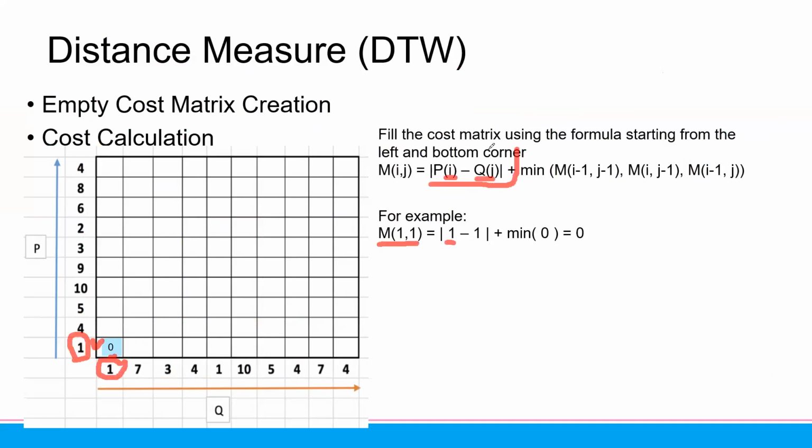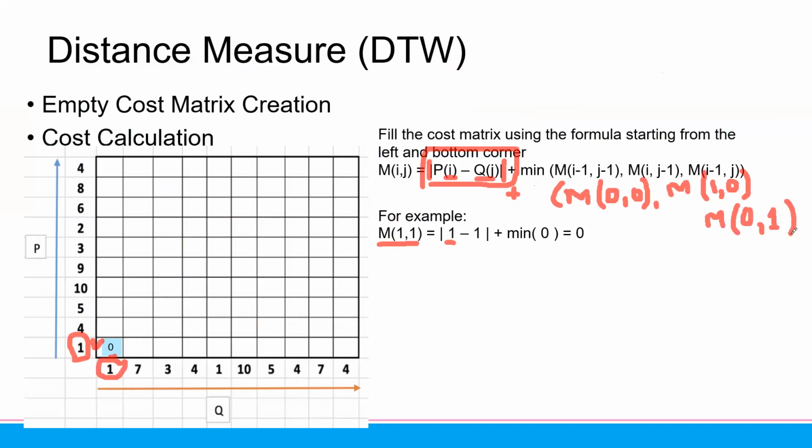Then we do this formula: absolute value of 1 minus 1, plus the minimum of M(i-1, j-1), M(i, j-1), and M(i-1, j). Here i is 1, so we have M(0,0), M(1,0), and M(0,1).